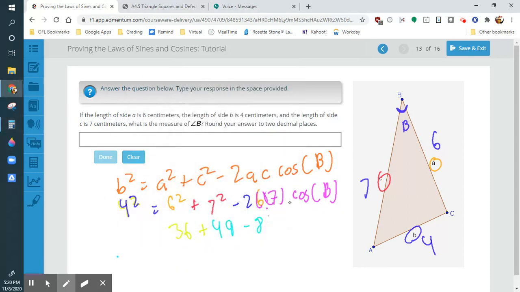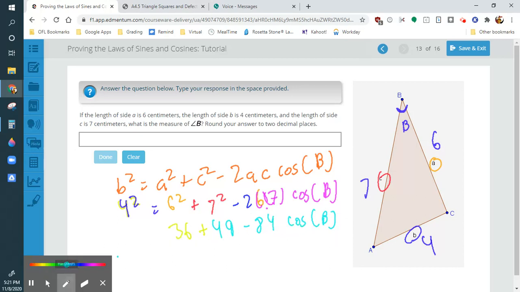I don't know why I said 89. I'm sorry. Cosine of b. Now, this is very important. This is stuck to this cosine. So you do not want to just add and subtract all of this because they're not like terms.